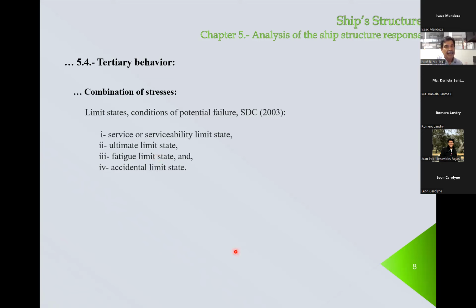And finally, the accidental limit state. Okay, for example, the ship comes to a pier, right? And it just slowly touches the pier. Is this the way it happens? No. Usually the tug pushes the side of the ship and it just gets closer and bangs the pier.